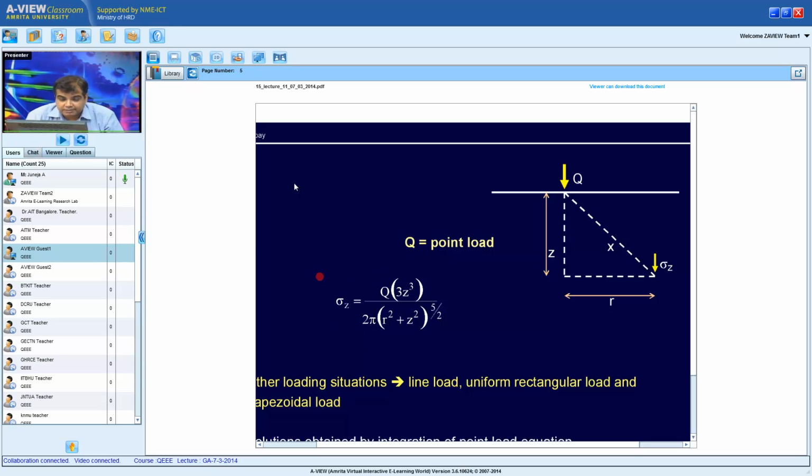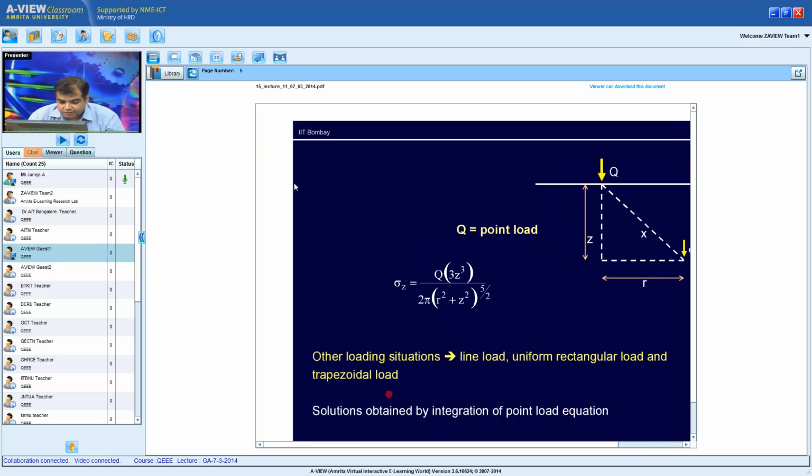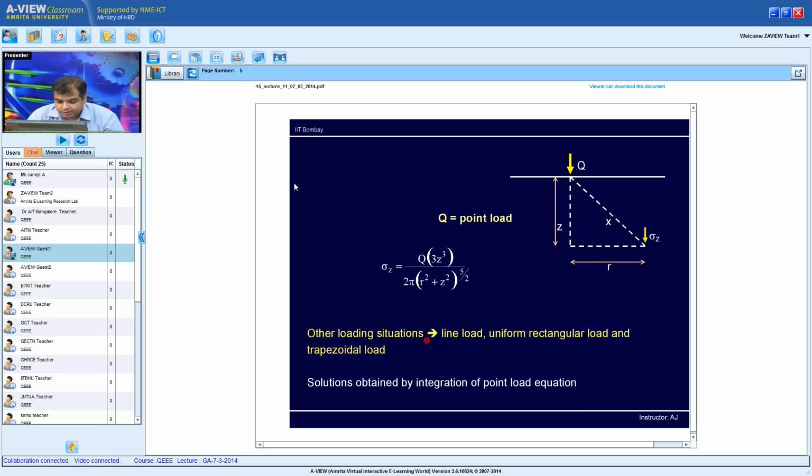We will not go into derivation for this equation. So I request you to just take it at face value. So that was the case for the point load. If you are interested in other loading situations, let me zoom out please. Other loading situations, for example a line load, would be the case which comes out and hits you.